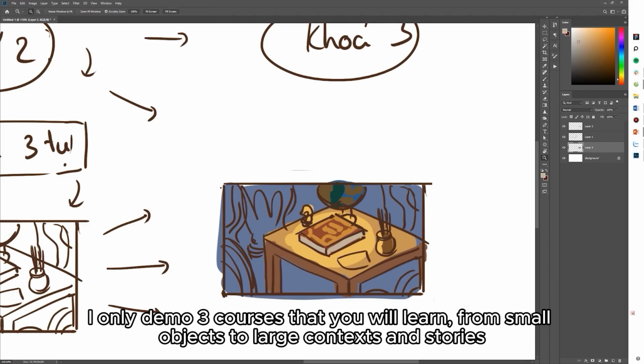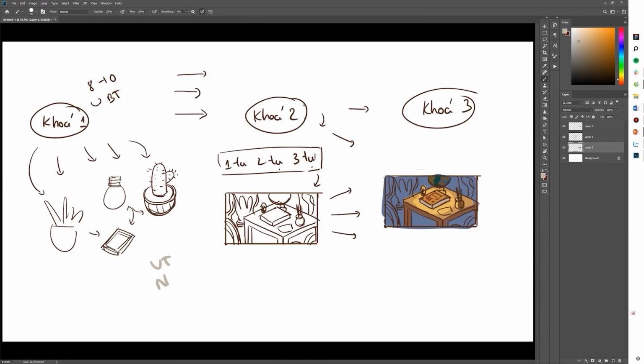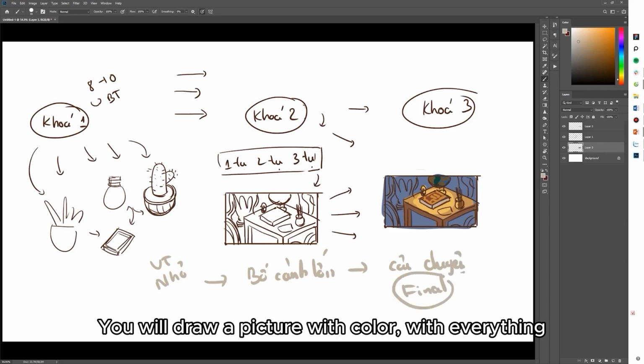I only demo 3 courses that you will learn, from small objects to large contexts and stories. You will draw a picture with color, with everything.